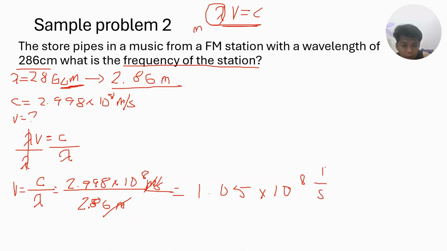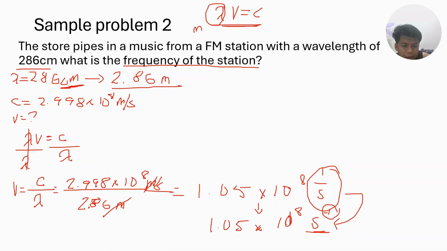The units give 1 all over s, but this can be written as 1.05 times 10 raised to the power of 8 second raised to the power of negative 1. It is just the inverse. We move S to the top, so its exponent becomes negative.